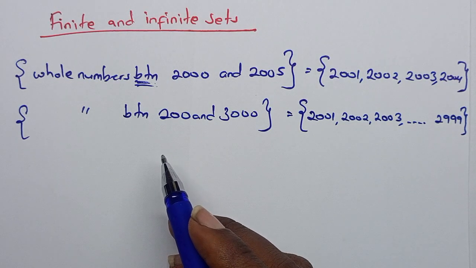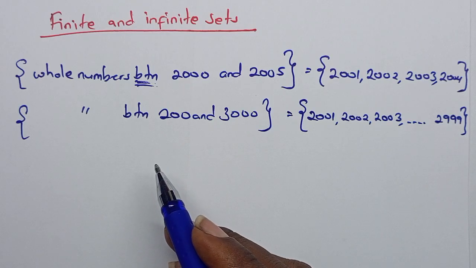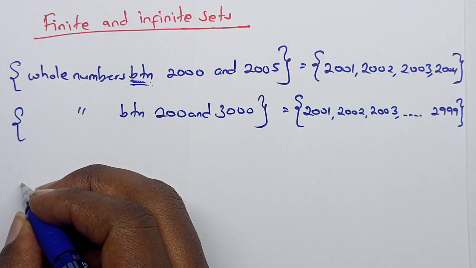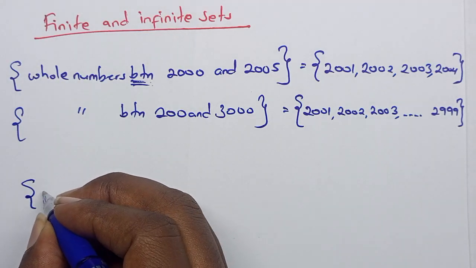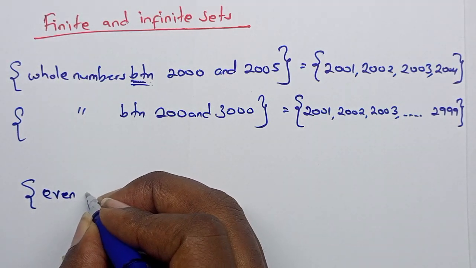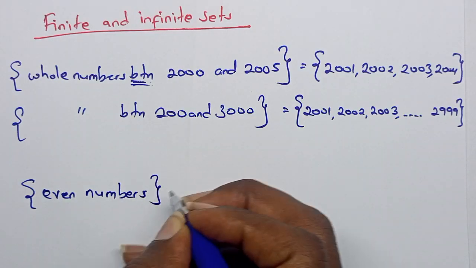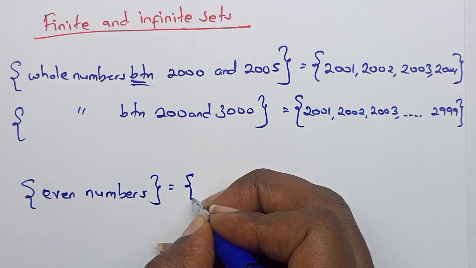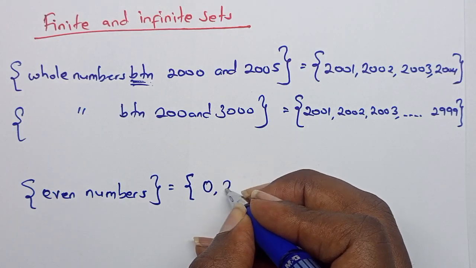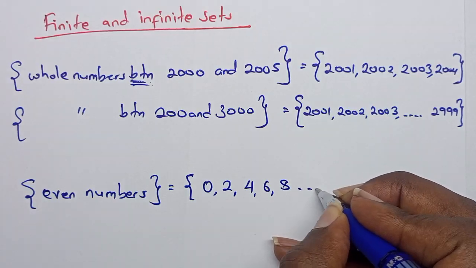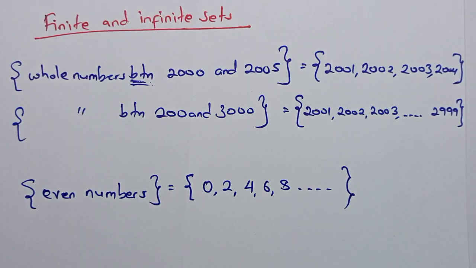Now we have also what we call infinite sets. Examples of infinite sets: a set of even numbers. I mean, these are very many. You can't list them all. So you can have 0, 2, 4, 6, 8, and so on and so forth. You can't finish them. So that's infinite. This is an example of an infinite set.